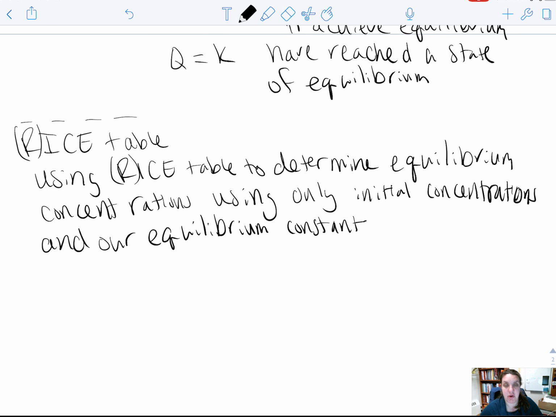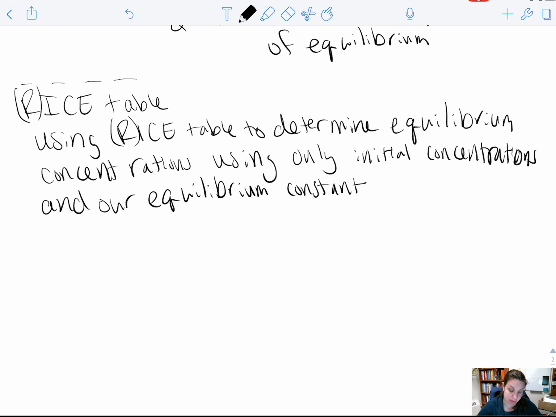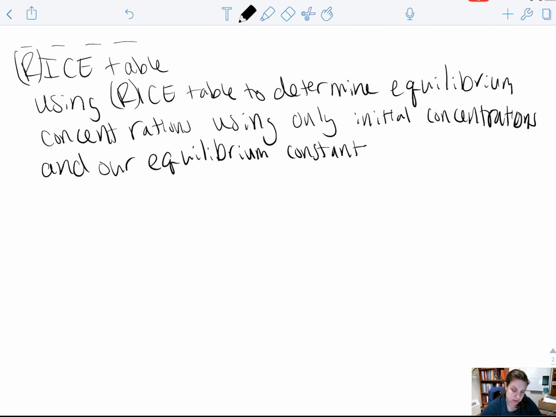So before we had our initial concentrations and one equilibrium concentration, and we can use that to determine our equilibrium constant, or we can use it to determine our equilibrium concentrations and compare to our equilibrium constant. Either one of those will work. Here we're going to have our equilibrium constant and our initial concentrations, and we want to figure out all of our equilibrium concentrations. So equilibrium concentration is what we're looking for, or equilibrium partial pressures. They're not used quite as much because it's kind of a harder concept.